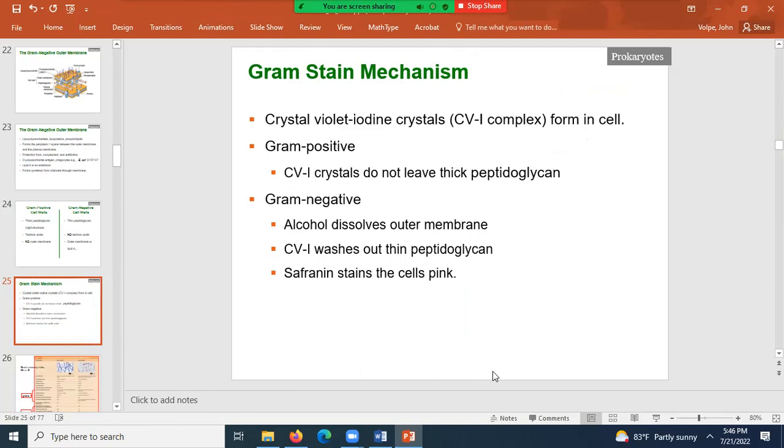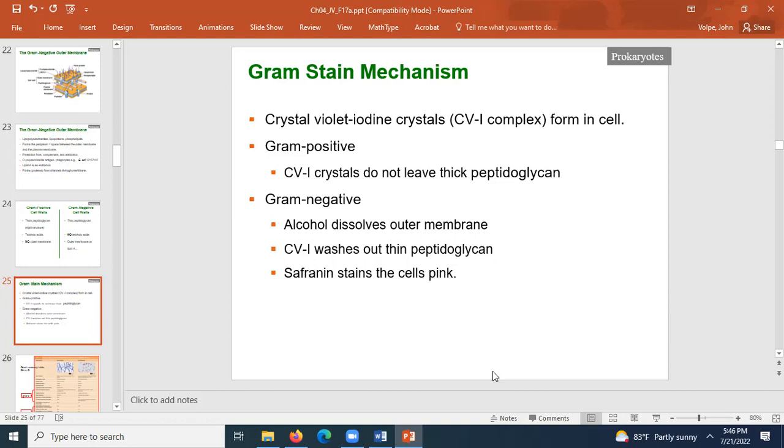All right, as we've discussed, the cell wall determines the gram stain. The crystal violet iodine crystals form in the cell and the cell wall. And in the gram-positive cells, the peptidoglycan is so thick that the crystal violet iodine crystals do not leave the thick peptidoglycan layer, at least if the gram stain is done correctly.